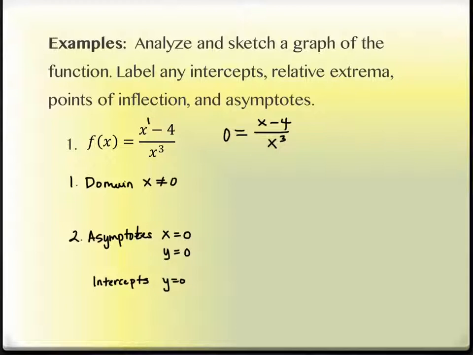It's 4, right? If my numerator is 0, the whole thing's going to be 0, so the x value of 4. If you didn't readily see that, or if you didn't think through it in that way, you could cross multiply and just solve it, and you'll also get x equal 4. So I do, in fact, have an intercept when y is equal to 0, x is equal to 4. In particular, the way that we write that as an ordered pair is 4, 0.